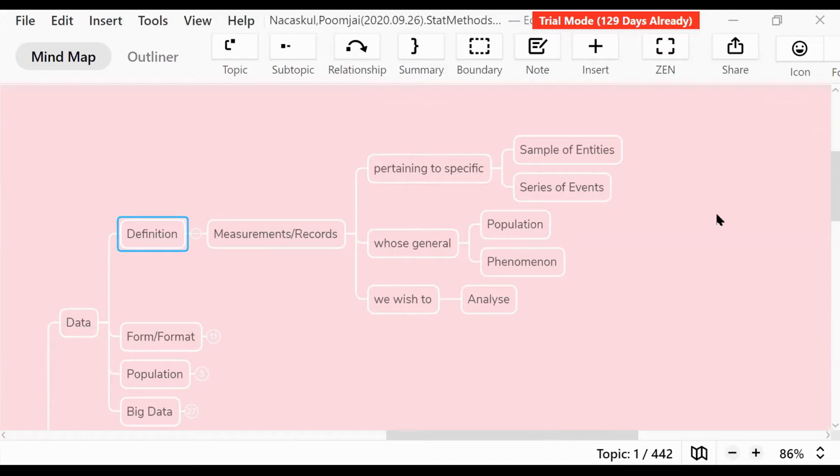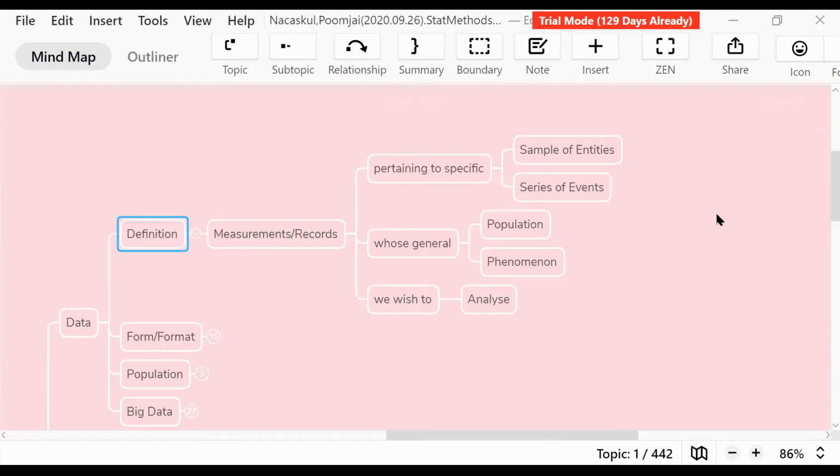Phenomenon would be like price movement, or floods. You're not collecting floods. You're not saying, let's put one flood here, one flood over there. No, you collect information on past events so that you can analyze a bigger population. That population is the population of all possible floods.